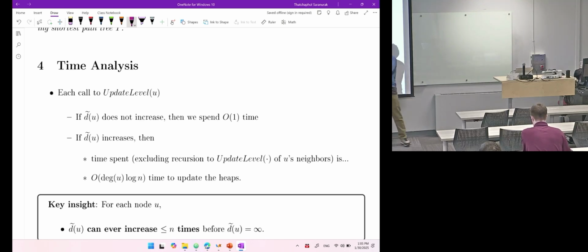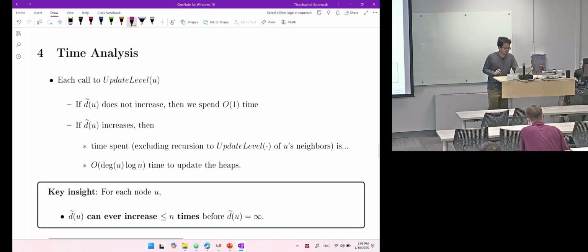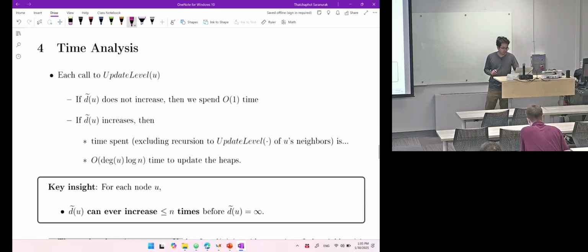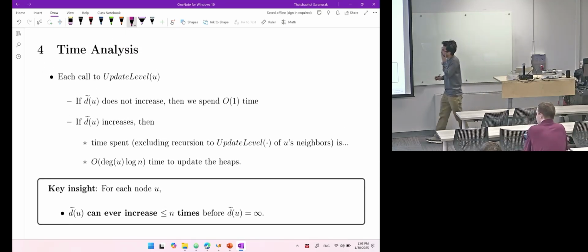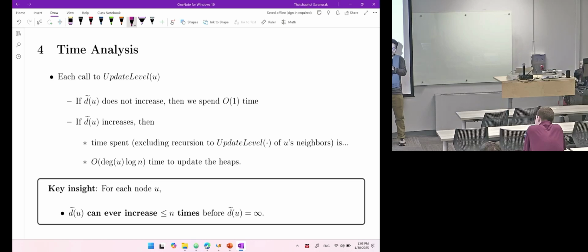Now the key insight is this: the level of U can increase n times at most. Once the level of U increases to more than n, you just set it to infinite and never increase it again.